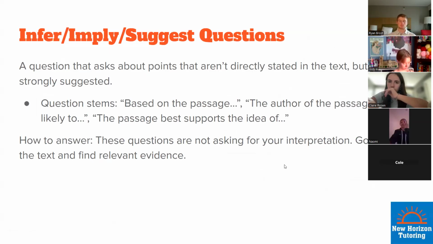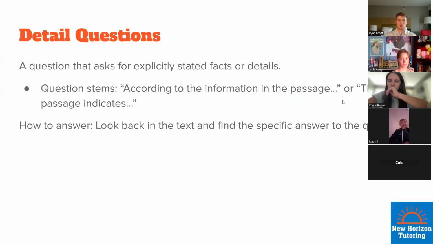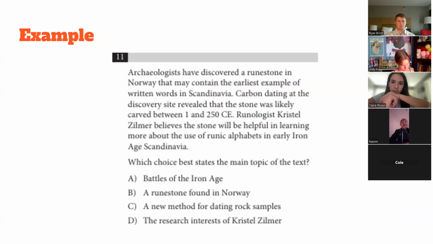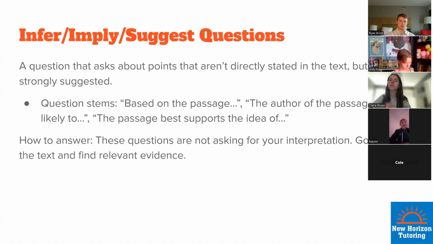Okay. I think this is one of the final ones. Okay, this is the next type of question. So what we just went over, all of those were the information and ideas types of questions. So next up are these infer, imply, suggest questions. Again, this is copied directly from the website.